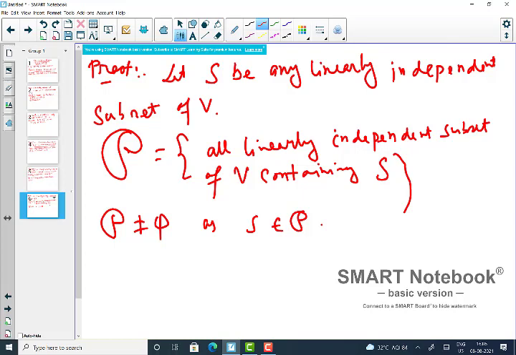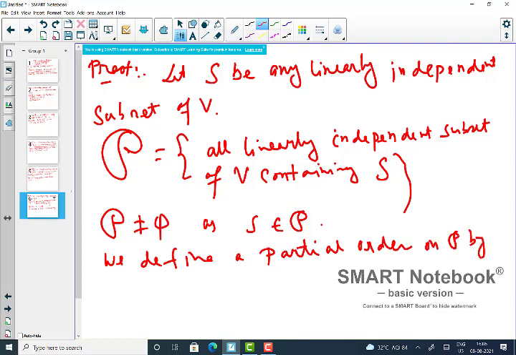Now I need to give a partial order structure on this set P. What is the relation? Simple inclusion. We define the partial order on P by inclusion of sets.